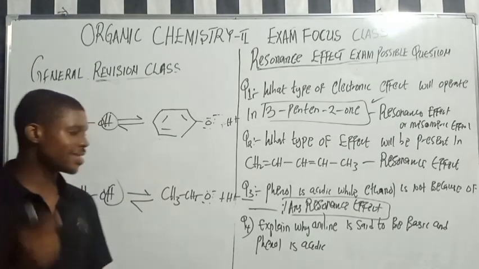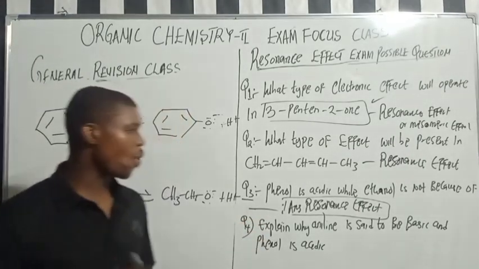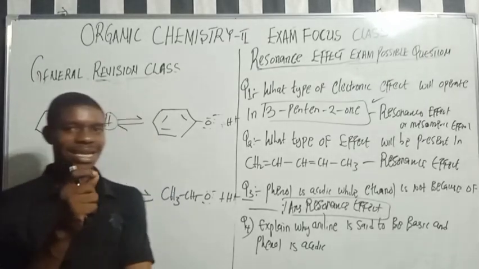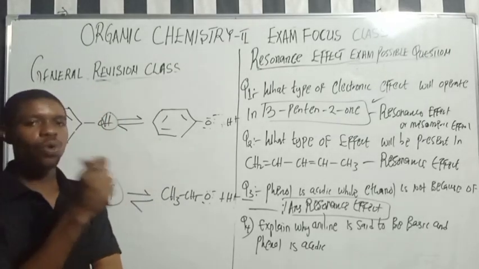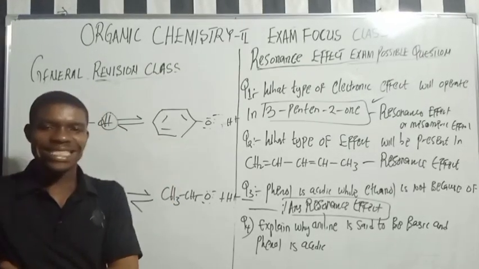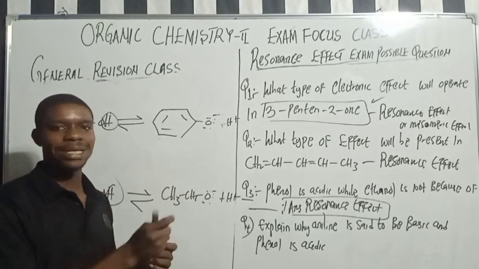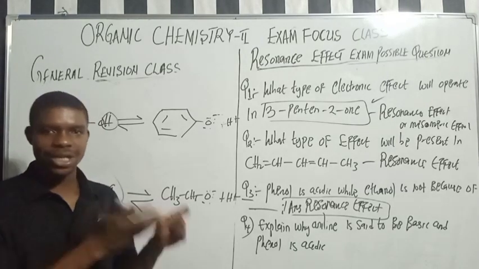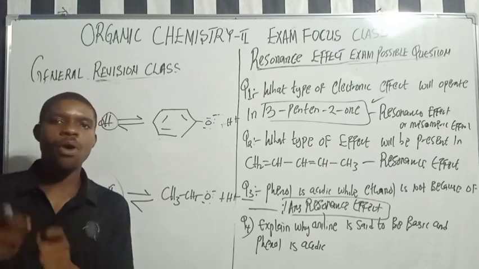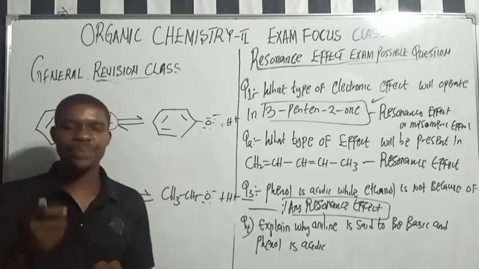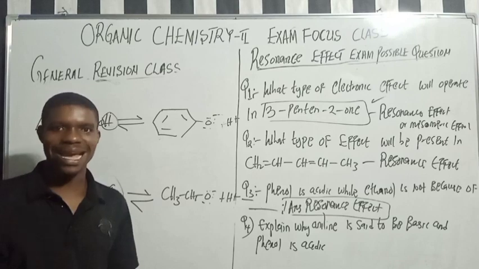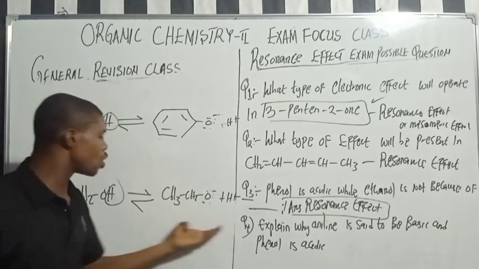So the main reason why phenol is acidic and why ethanol is not is that an acid whose conjugate base has a delocalized electron, and any compound that has a delocalized electron will have resonance, will be more acidic compared to an acid whose conjugate base does not have a delocalized electron.